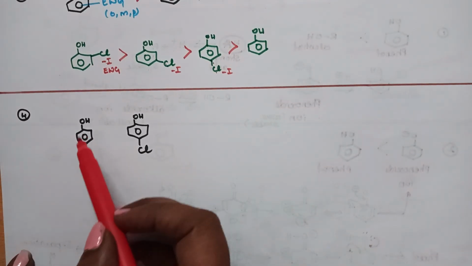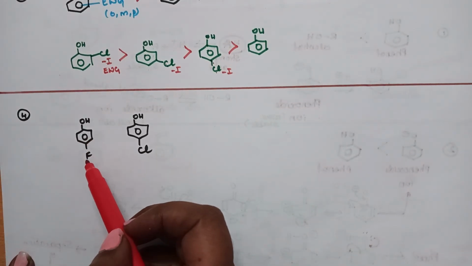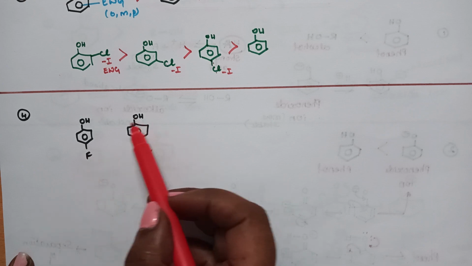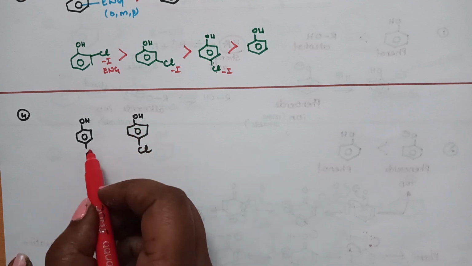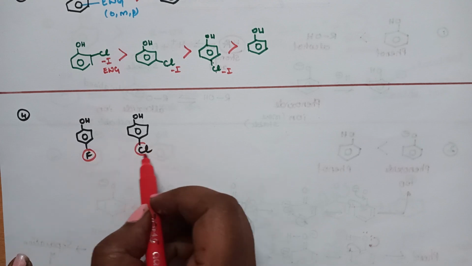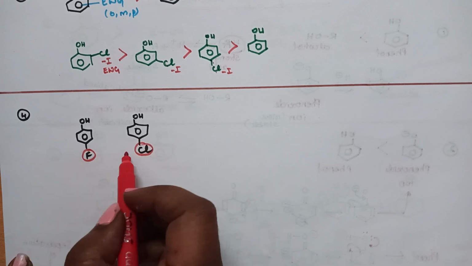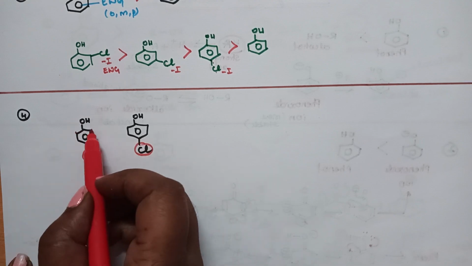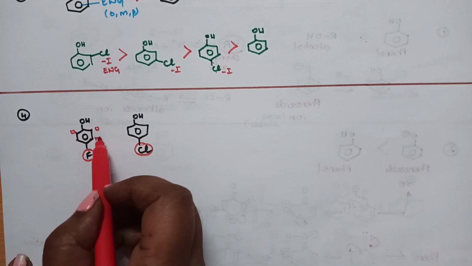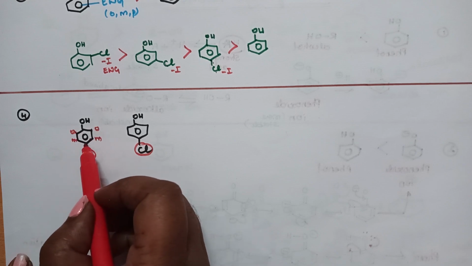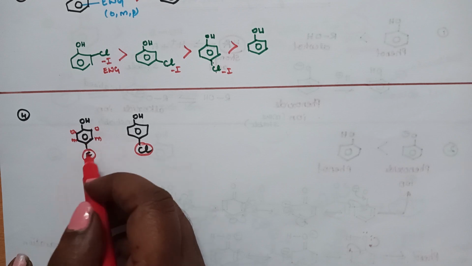So students, you can see here phenol. To the phenol we have attached fluorine, and here to the phenol we have attached chloro group. So if fluoro and chloro group where it is attached, so this position we call it as ortho position, this position we call it as meta position, and this position we call it as para position.